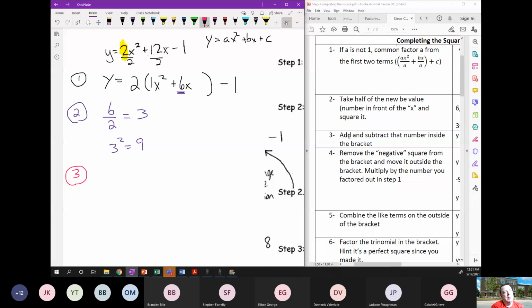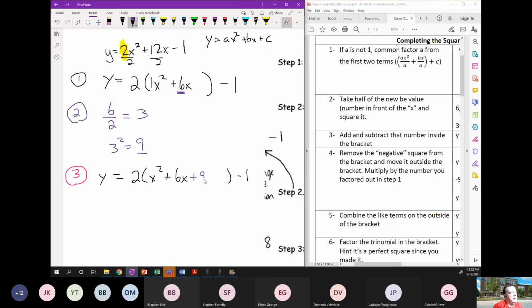Now, question 3 says add and subtract that number inside the bracket. I'm going to write it in different colors. So we have y equals x squared plus 6x. We already have that, don't we? But what we're going to do is add and subtract this number into our equation.